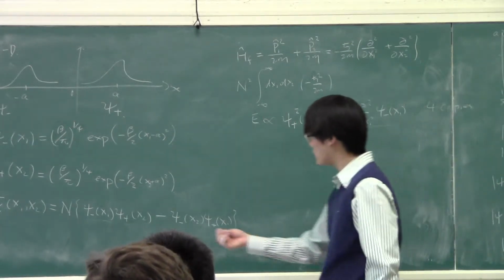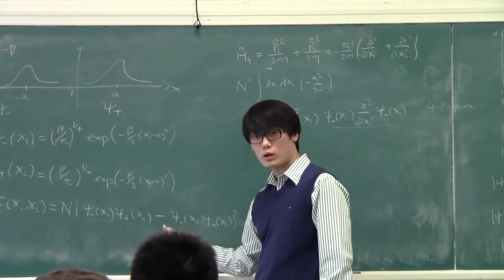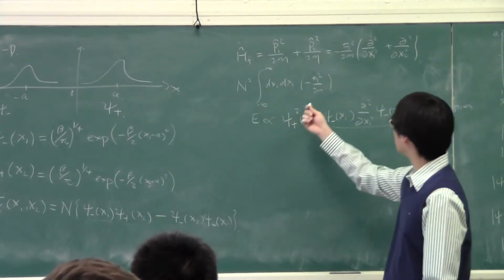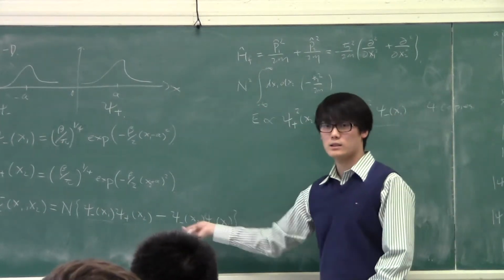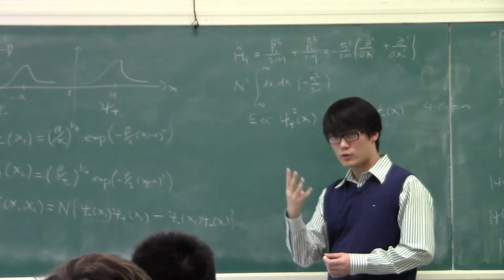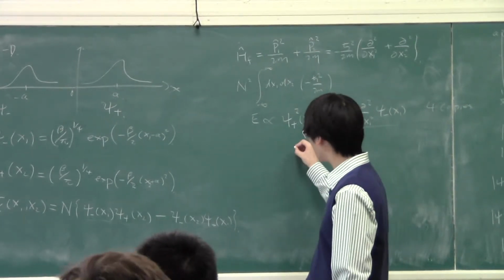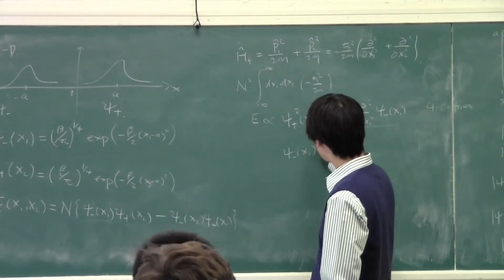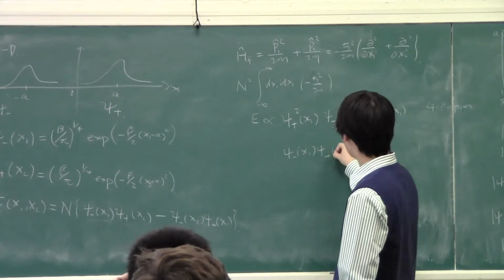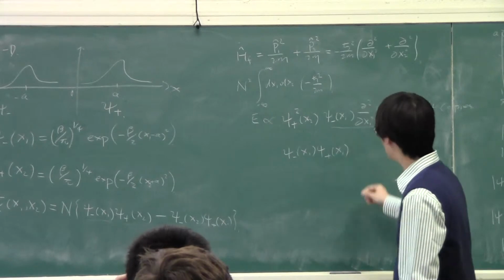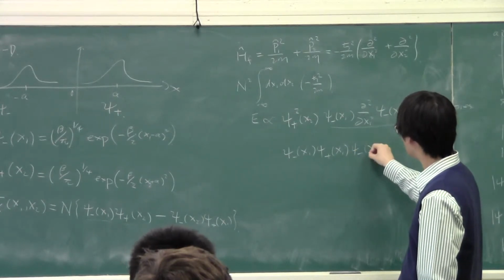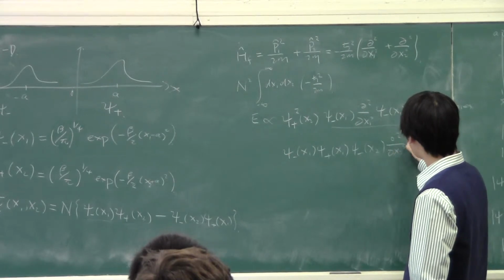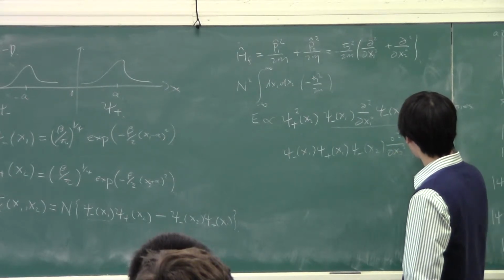Because of this minus sign, the cross terms all require a minus sign here, because a plus on this side, for the cross term, only sees the minus on that side. So there are going to be also 4 cross terms. You can write down the cross terms as psi minus x1, psi plus x1, and then psi minus x2 d squared dx squared psi plus x2.